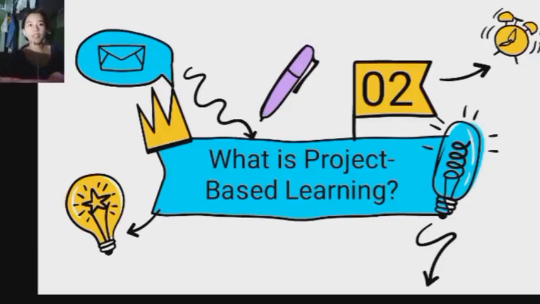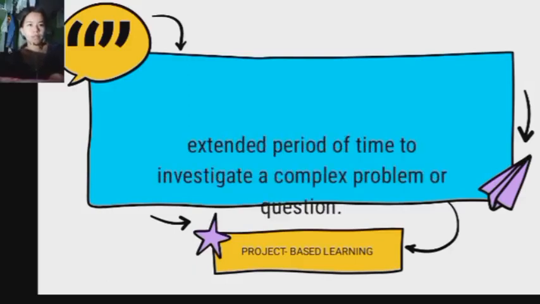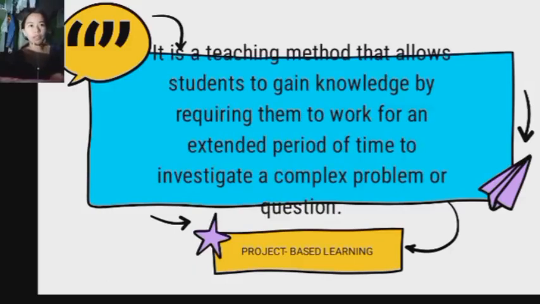So now, let's talk all about project-based learning. What is project-based learning? It is a teaching method that allows students to gain knowledge by requiring them to work for an extended period of time to investigate a complex problem or question.